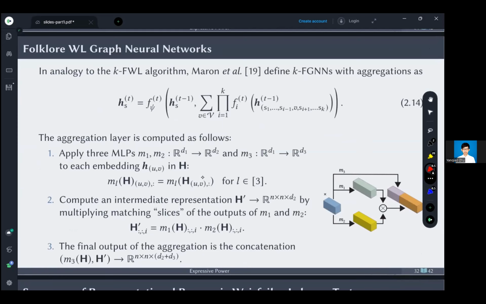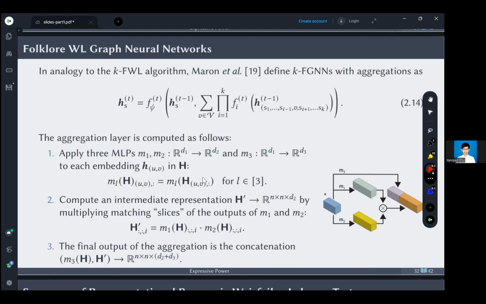And another famous work that mimics the FWL test is in this way. This paper, I remember, was published in NeurIPS 2020. It is called "Weisfeiler and Lehman Go Higher" or something, and it actually wants to mimic the expressive power of the k-dimensional Weisfeiler-Lehman test.